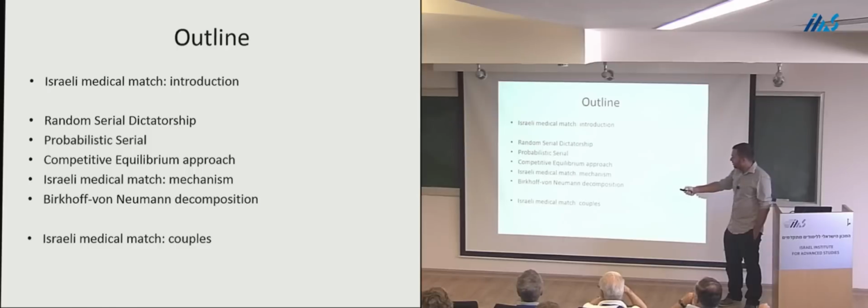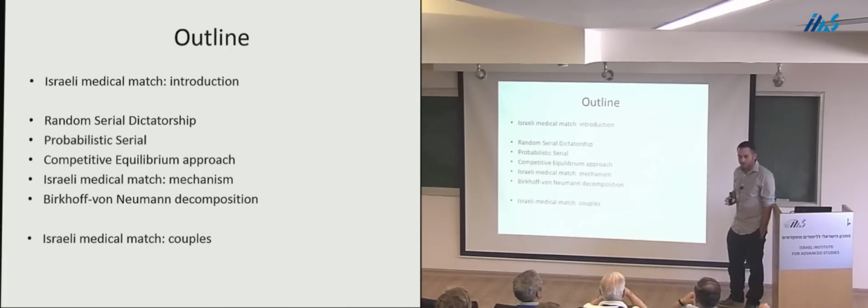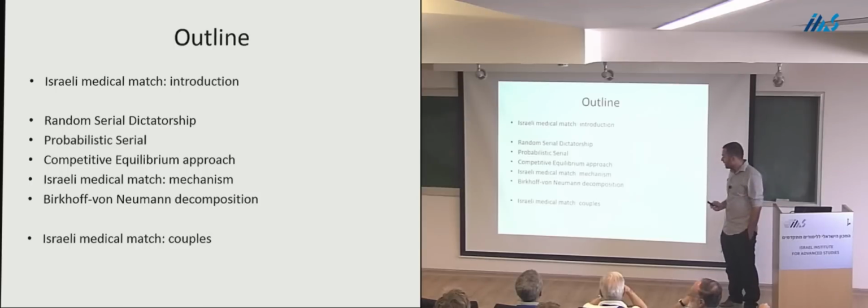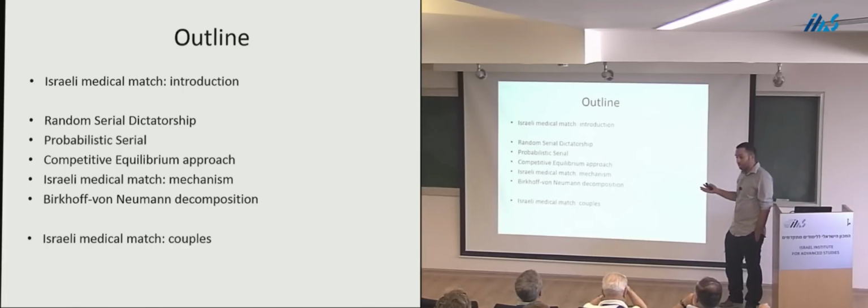All three mechanisms that you see here use a very fundamental mathematical theorem called the Birkhoff-von Neumann decomposition theorem. I'm going to also prove that theorem to you because I think it's a great tool to have. And finally, I'm going to talk about a certain thing that made our job a bit more difficult, which is couples in the medical match.